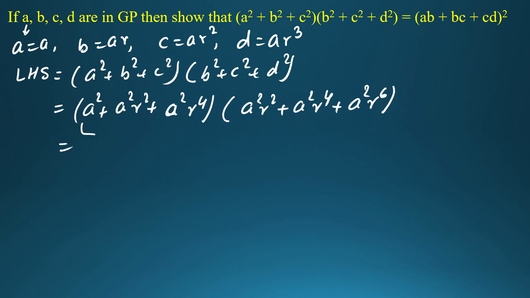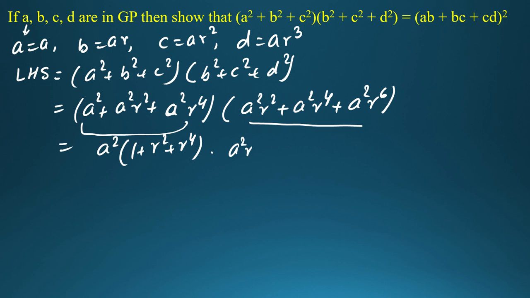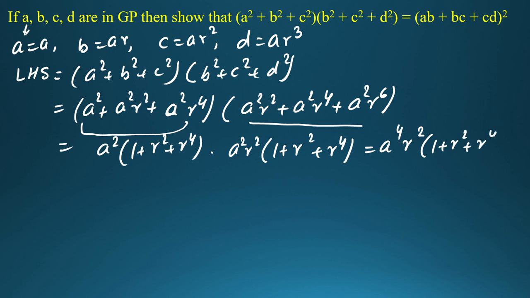Now you see, from this bracket we can take a square common. In bracket you will get 1 plus r square plus r to the power 4, times, from here we can take a square r square common, 1 plus r square plus r to the power 4 again. So what we are going to get here? a to the power 4 times r square times 1 plus r square plus r to the power 4 to the power 8.